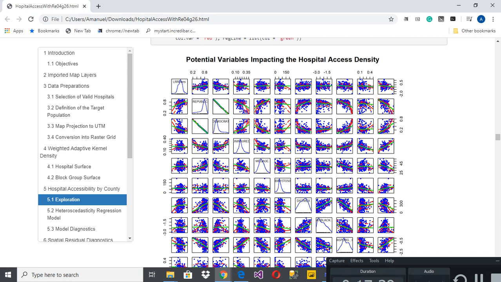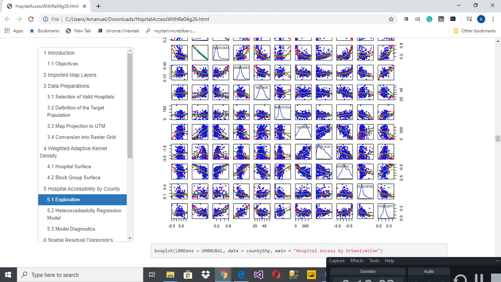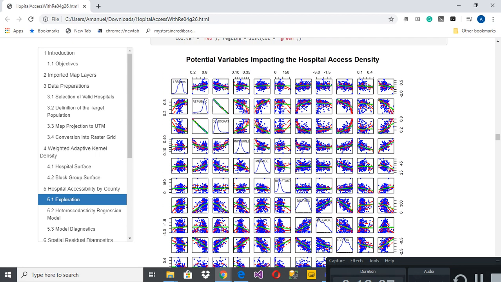Distance to Mexico doesn't seem to have any impact, and the black population doesn't have any impact either, but Hispanic origin has less access. A college degree doesn't have any impact, and poverty also has some negative impact on the access.